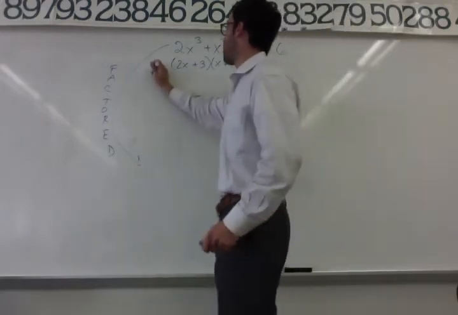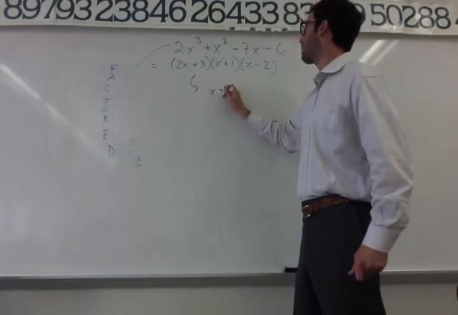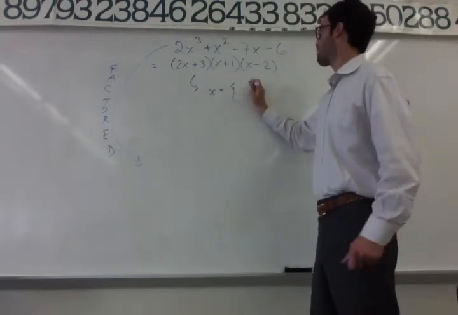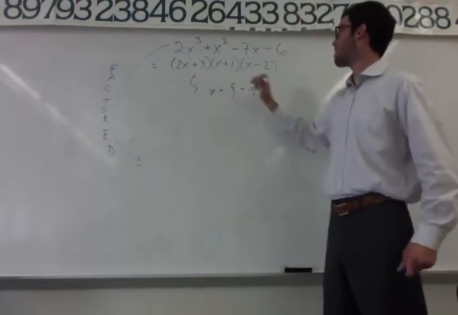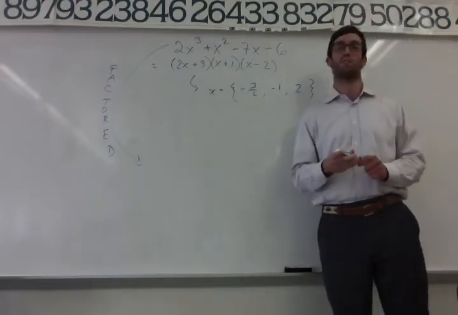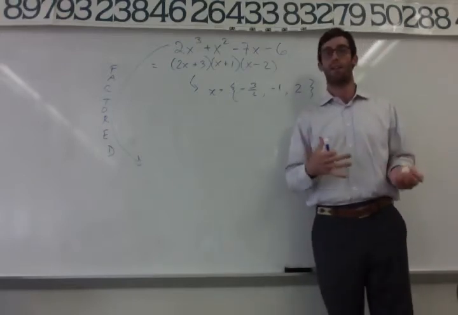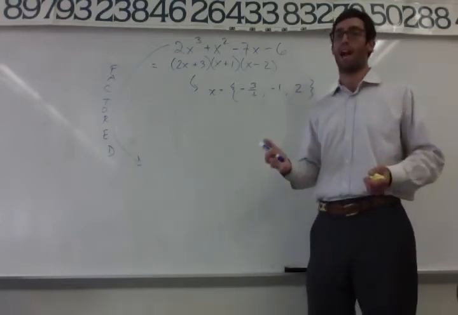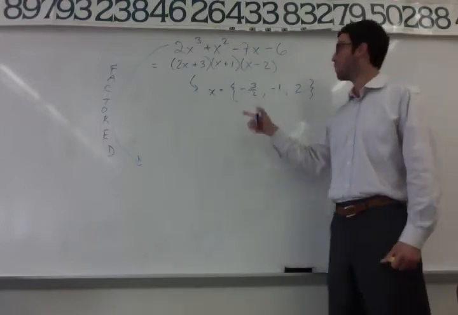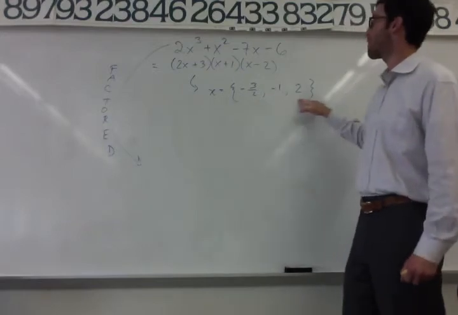This is the factored form, right? Well, what that means is that the roots of the polynomial are negative 3 over 2, negative 1, and positive 2. Those are the roots. Those are the x-intercepts for this polynomial. So then we can graph this polynomial kind of accurately. We would need a computer to really graph it very accurately, but we would at least be able to show the intercepts. All right? But these are the roots of the polynomial.